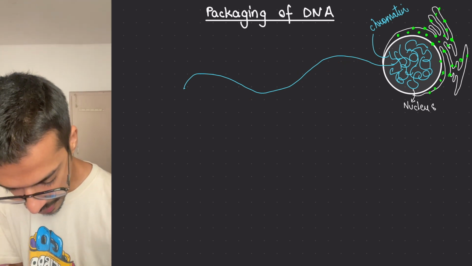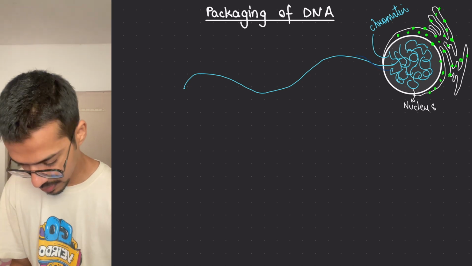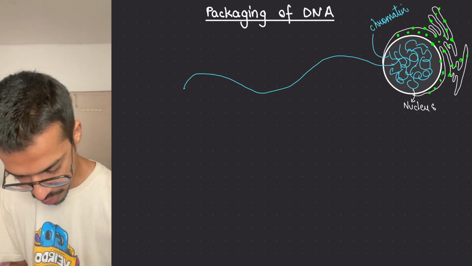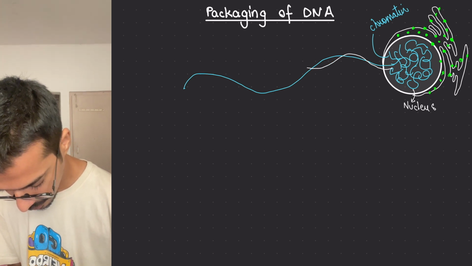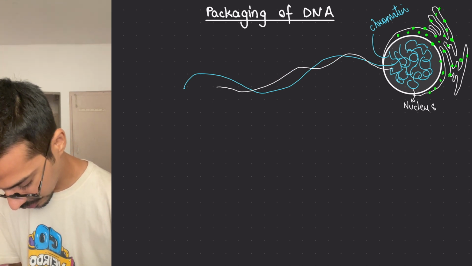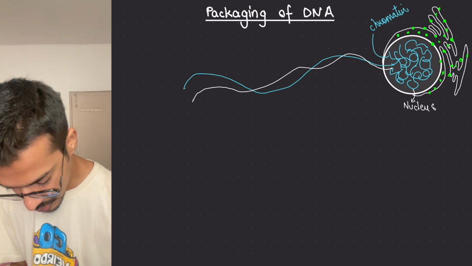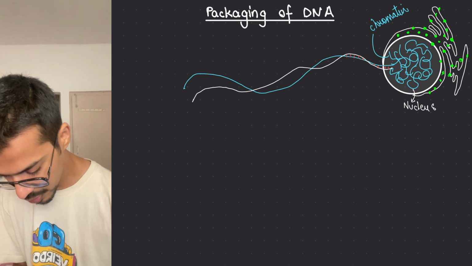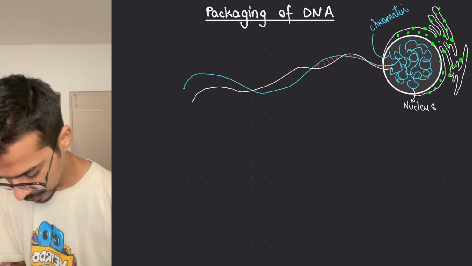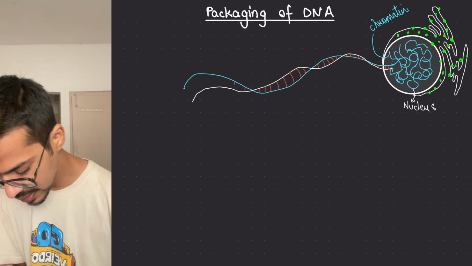The other strand I'm going to show with a darker color, and then with a white color. It has base pairs present, which I'm showing with the red color. This is your genetic material, what we have studied.